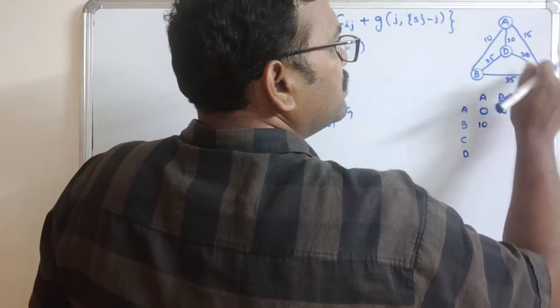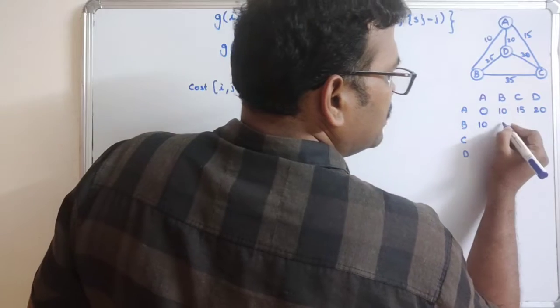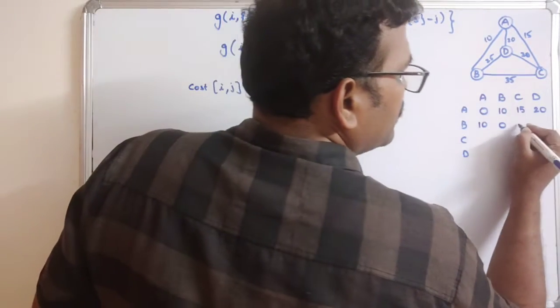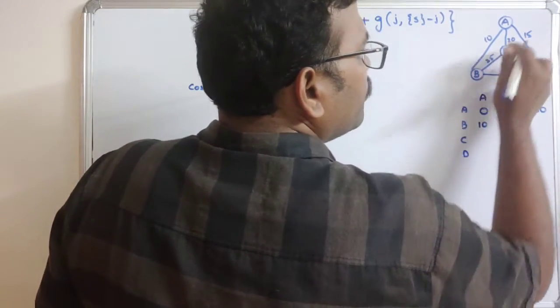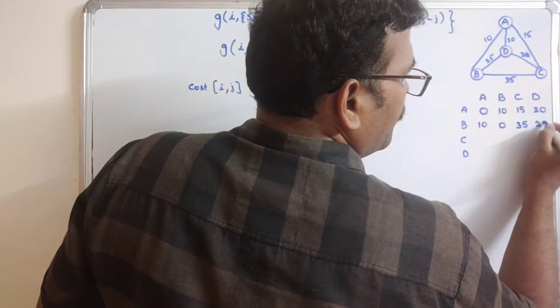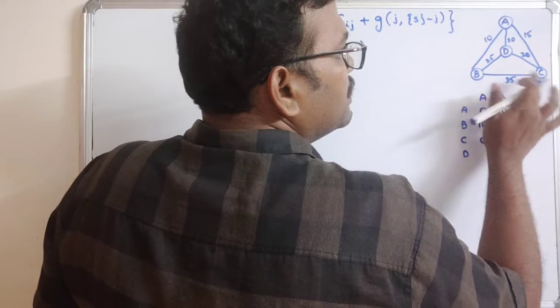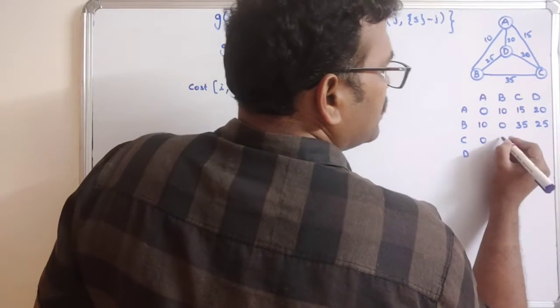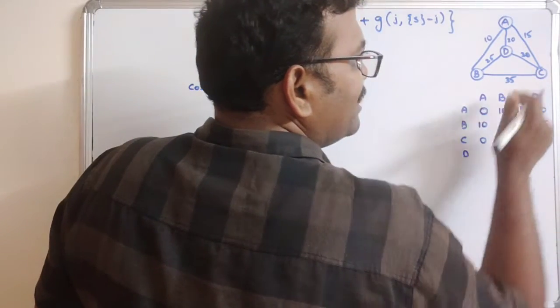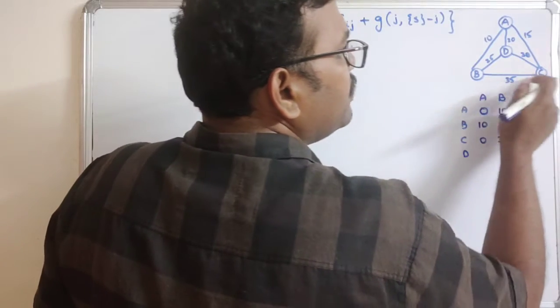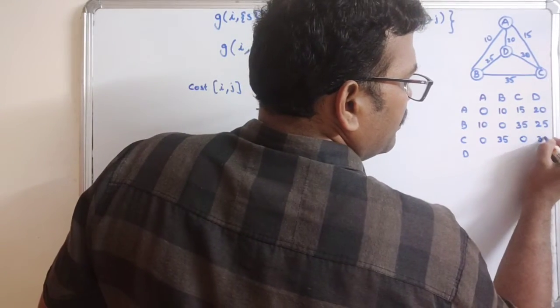B to B there is 0. B to C is 35. B to D it's 25. Similarly, C to C again it's 0. C to B is 35. C to C 0, C to D, it's 30.